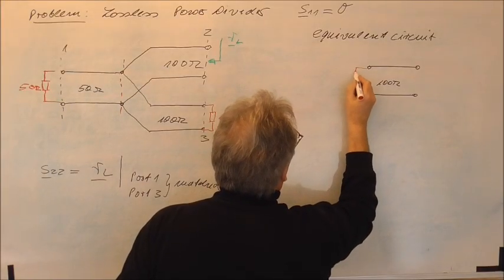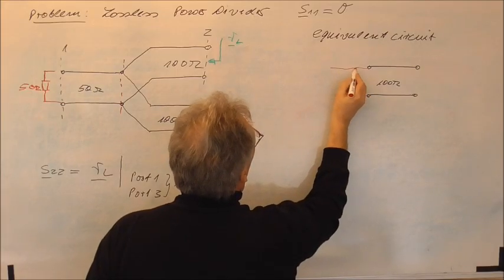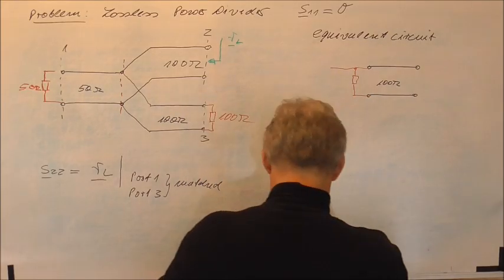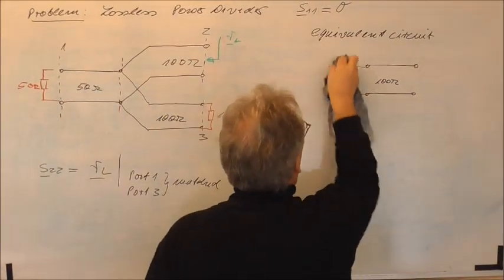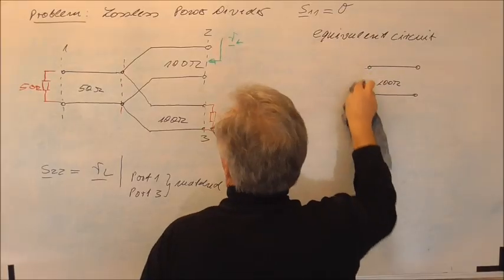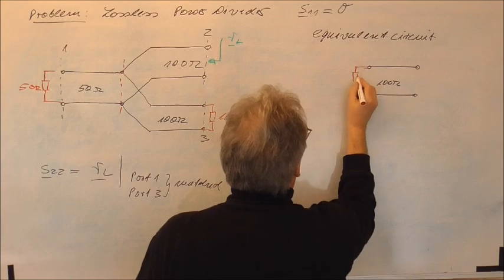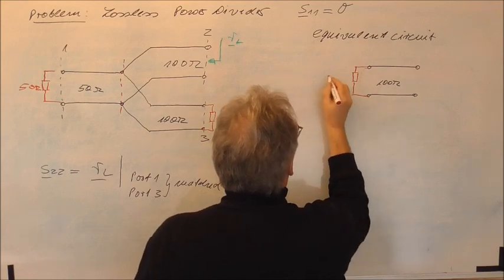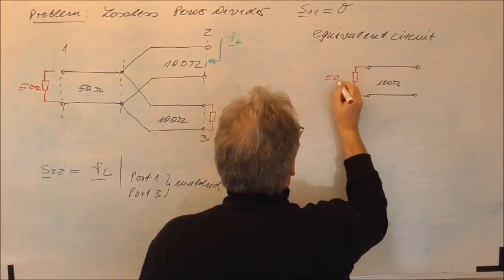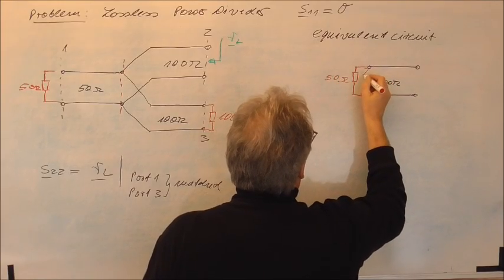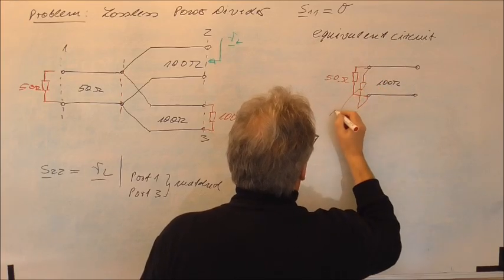This means we have here a 50 ohm and here, perhaps I sketch it a little in a three-dimensional manner, you would see here the 50 ohm, 50 ohm, and here again we have 100 ohm.